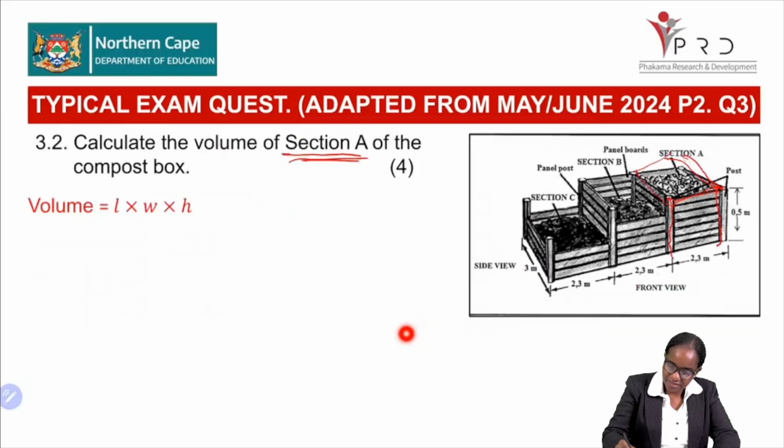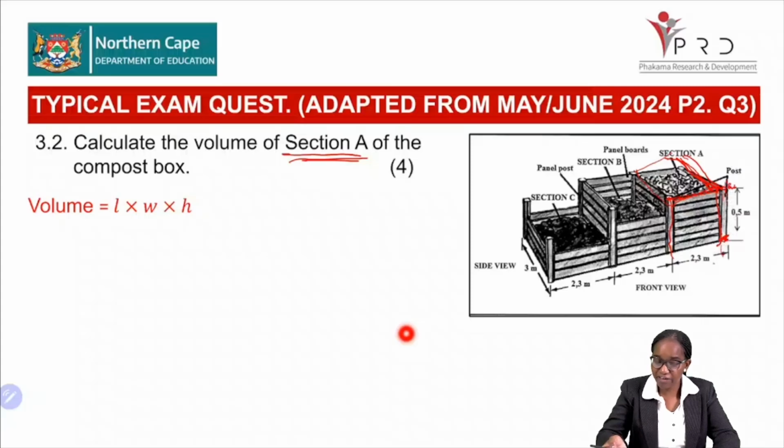The length, this is the longer side. It's 3 meters. What is the width? This is the shorter side. The width is 2,3. What is the height? This is the height for section A box. So from here to here, it's 0,5 meters.